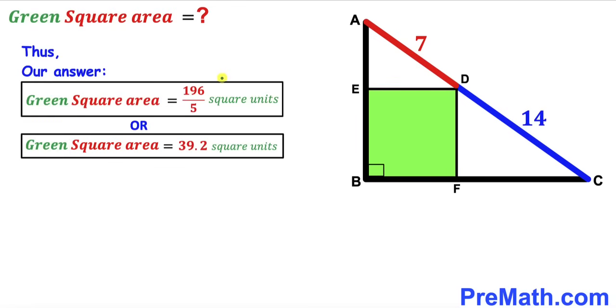So after all the calculations and manipulations, the area of this green shaded square EBFD turns out to be 196 divided by 5 square units, which is equal to 39.2 square units. And that's our final answer.